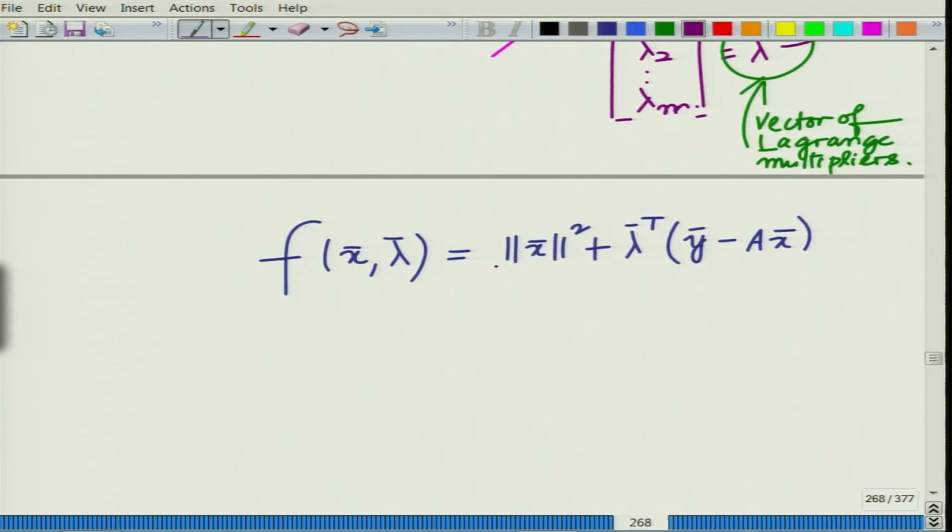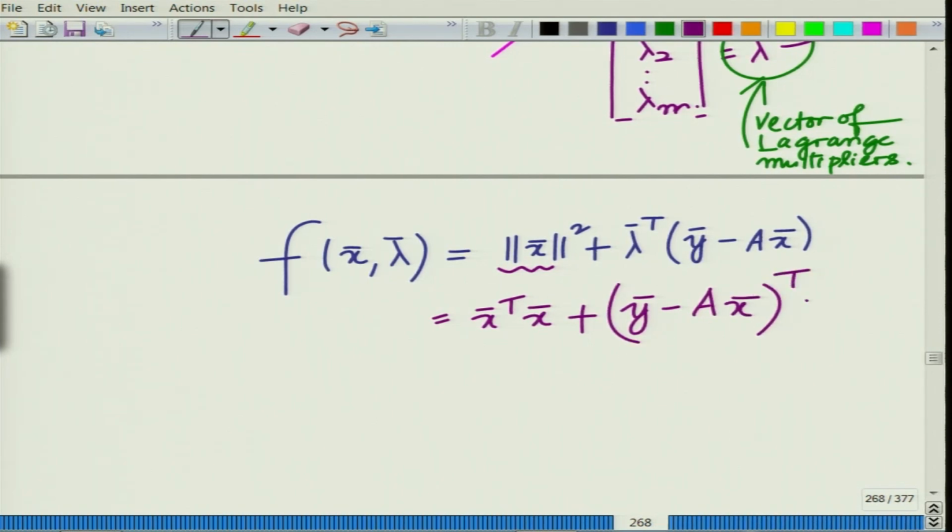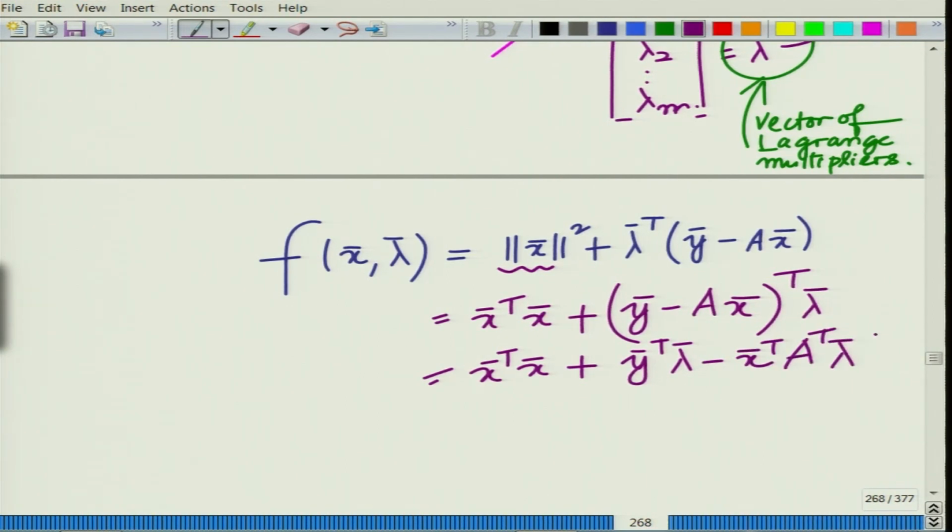Norm of x bar square, I can write this as x bar transpose x bar plus I can write this as y bar minus A x bar transpose lambda bar, right. A transpose b bar equal to b transpose a bar, which I can write as x bar transpose x bar plus y bar transpose lambda bar minus x bar transpose A transpose lambda bar.